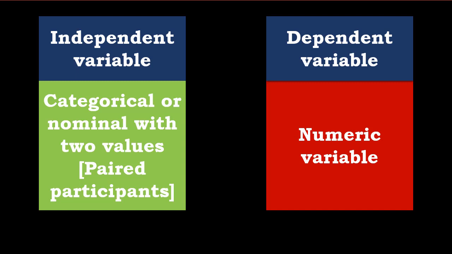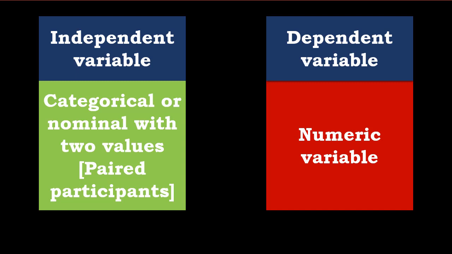So one group of participants will be exposed to one value of the independent variable, and another group of participants will be exposed to the other value of the independent variable, but these two groups will be matched participants.